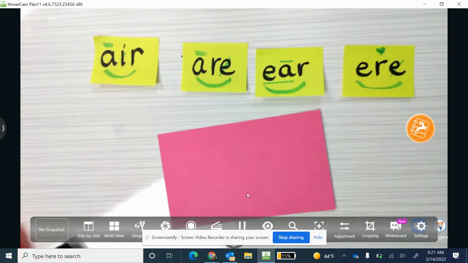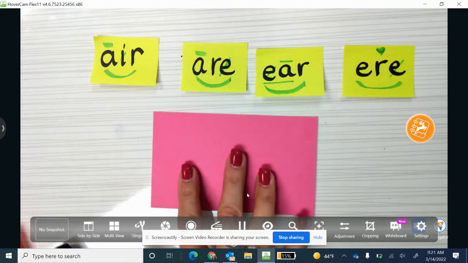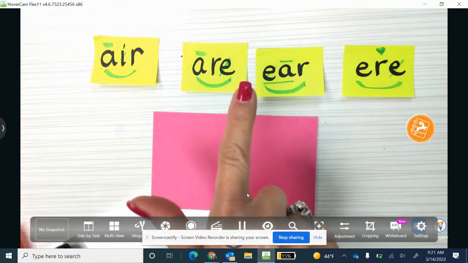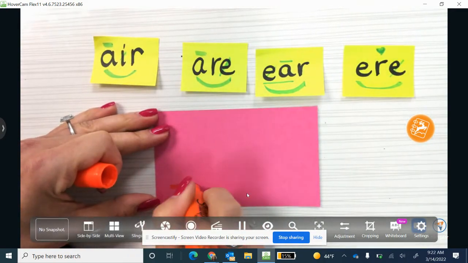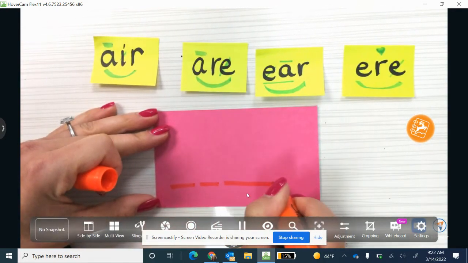Number 2. Stare. The cat stared at the birds outside the window. Stare. Air.